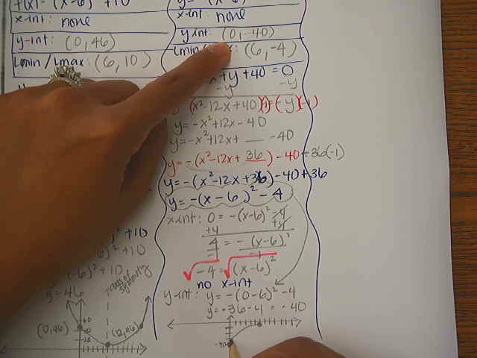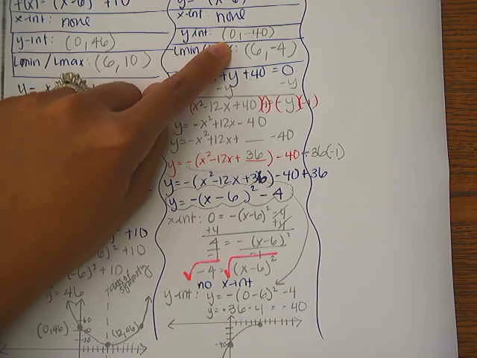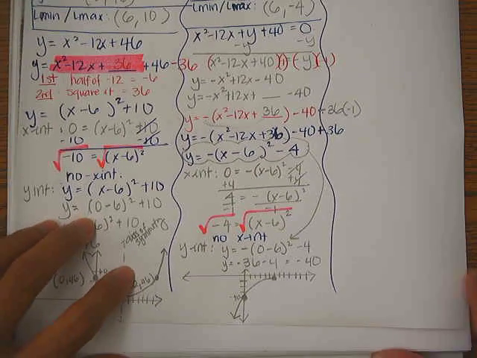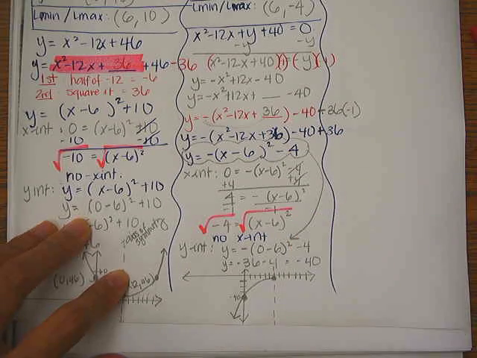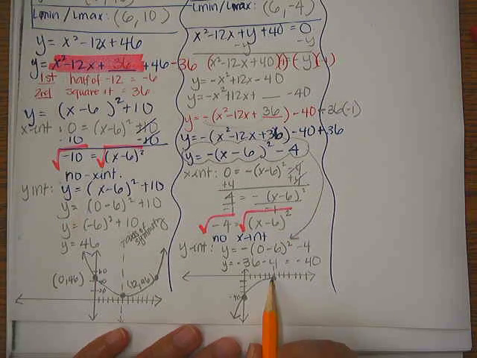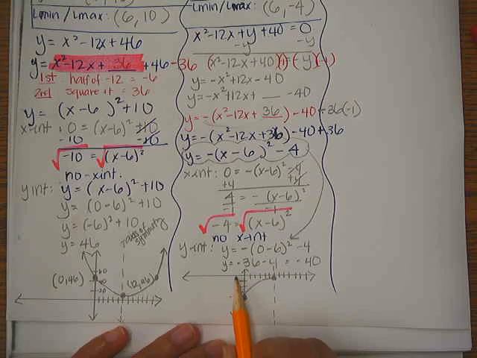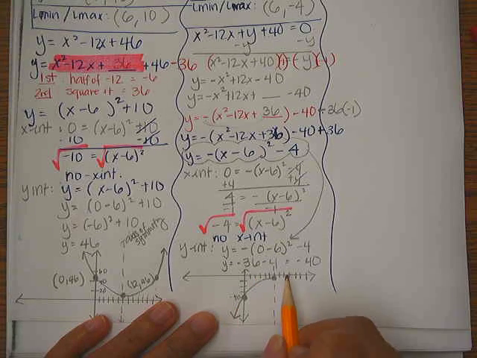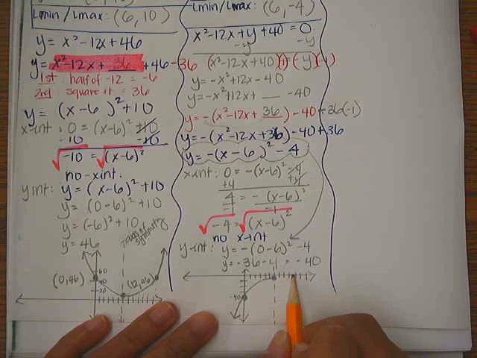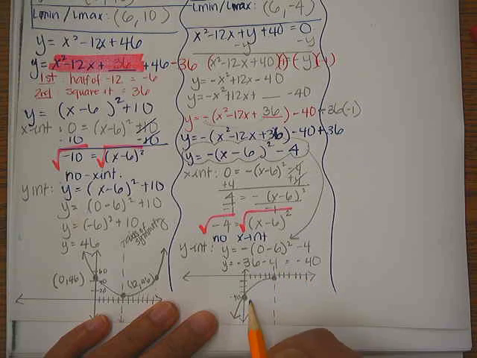So connect that. And remember, a parabola is symmetrical about its axis of symmetry. So if I counted 6 units to the left and went down 40 units, I would have to do the same. Count 6 units to the right, 1, 2, 3, 4, 5, 6, and go down 40 as well.